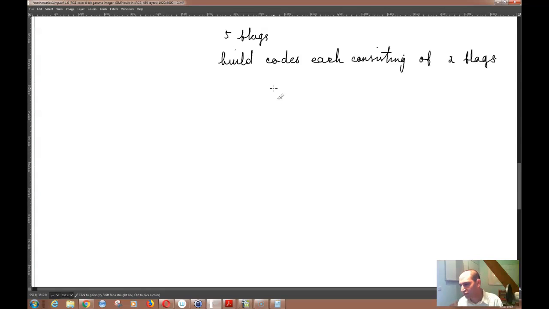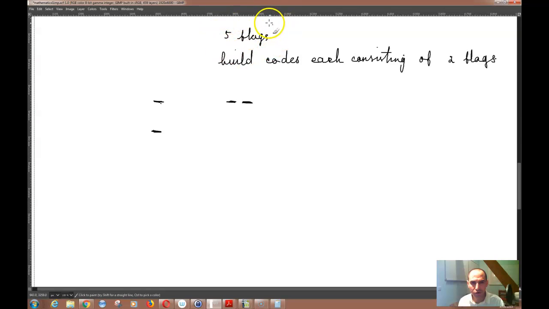Here I'm just going to assume that I'm not repeating anything. So let's say that this is one placeholder and this is another placeholder. You put one flag here and one flag here, and that becomes a code. In any case, in total I have 5 flags.